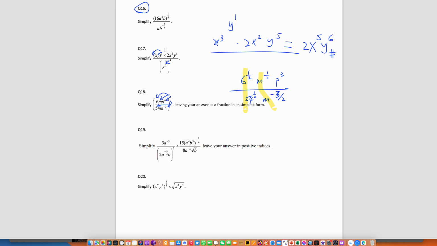Can you help me out with the calculator? 6 half over the 54 half, what do you get? 1/3, is it? 6 half over the 54 half. Yeah, 1/3. Do you key in correctly? Where's your 6 half?